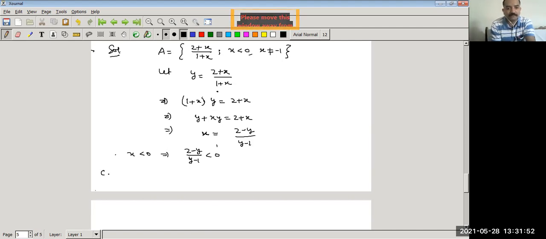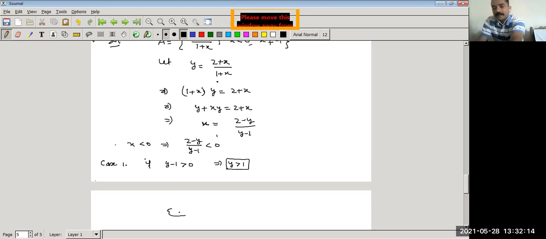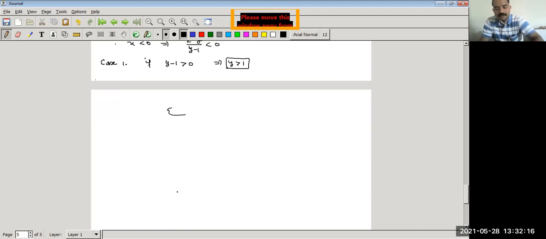So case 1, if y minus 1 is greater than 0. Y minus 1 is greater than 0 implies y is greater than 1. So if y minus 1 is a positive number, then we multiply both sides by y minus 1, then there is no change in the inequality.